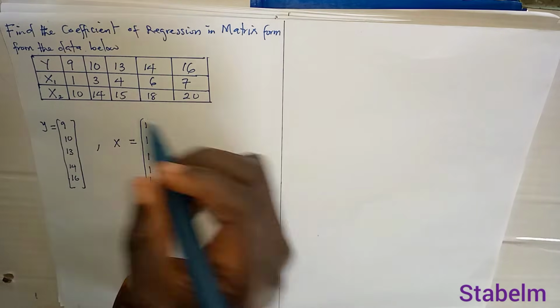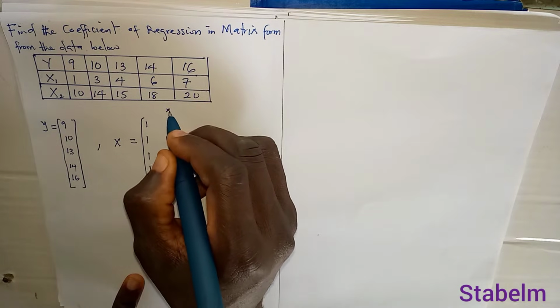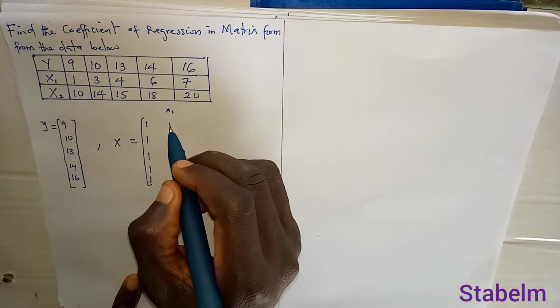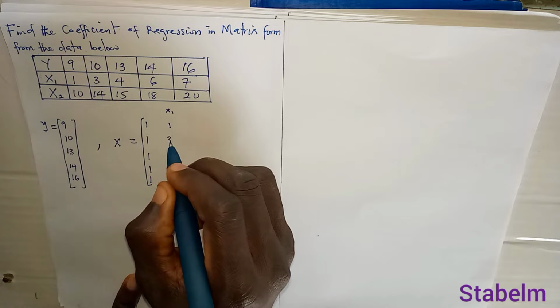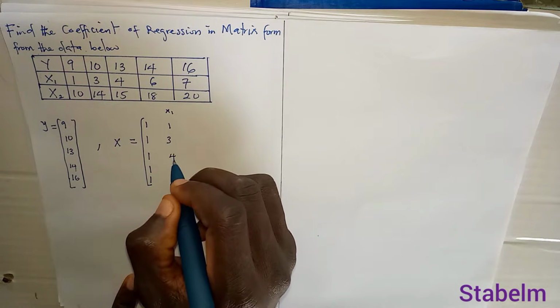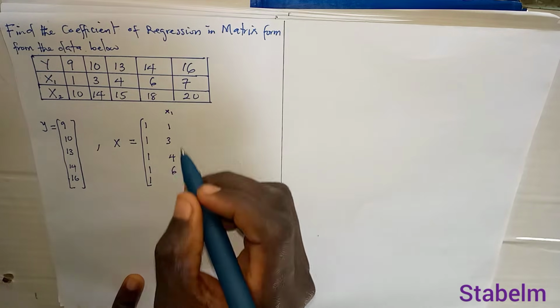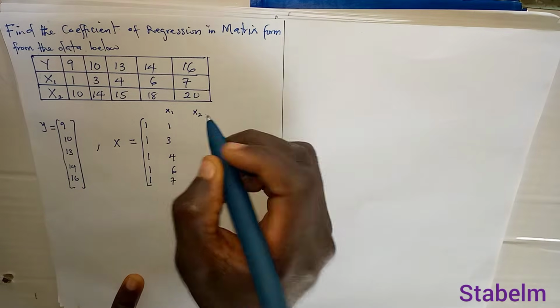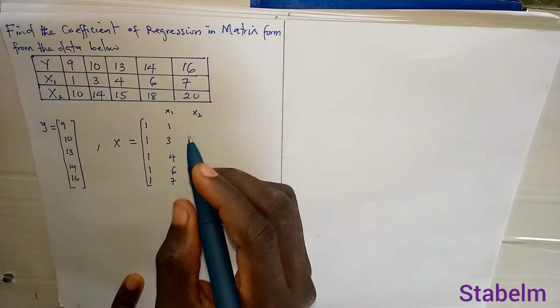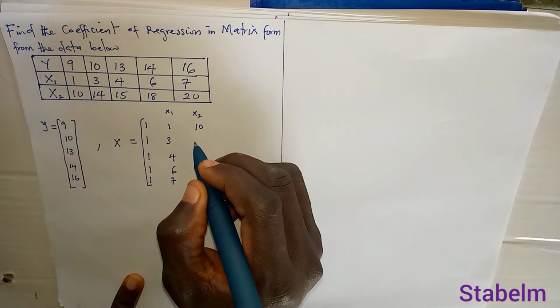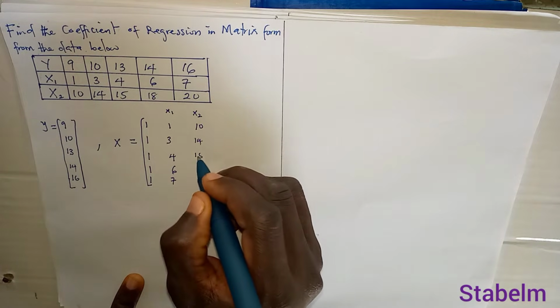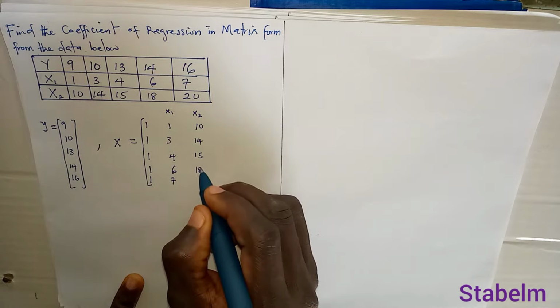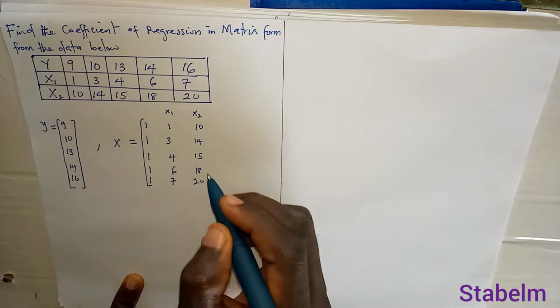Then for x1, we say this is for x1. Now we have 1, 3, 4, 6, 7, and for x2 here we have these values: 10, 14, 15, 18, 20.